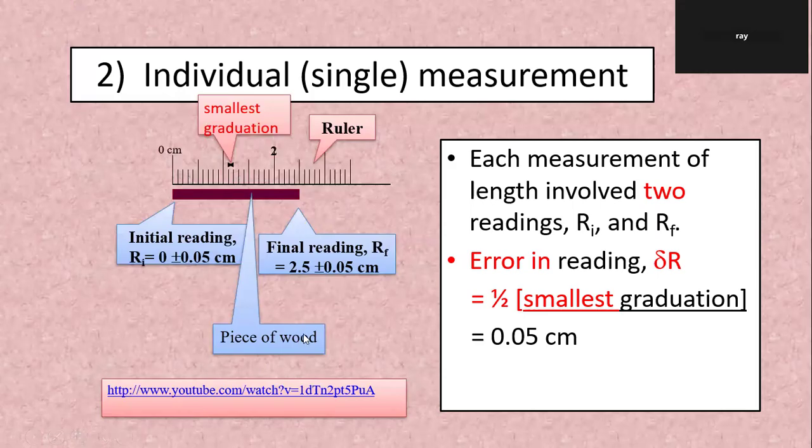So the estimate is 0.05 cm. In the exam, you are allowed to make plus minus that amount of error in your reading of a graph also. Plus minus 0.05: smallest graduation or smallest division divided by 2. That's the amount of error you are allowed to make, and that's the error we estimate, 0.05 cm for each reading. That's why we write 0.05 for the initial reading and 0.05 for the final reading.